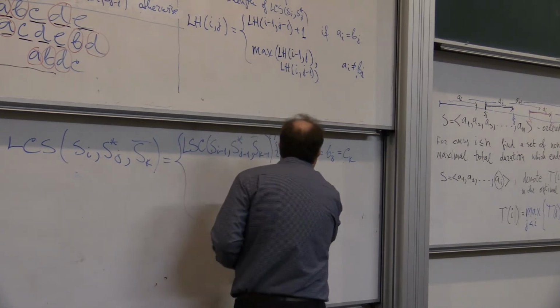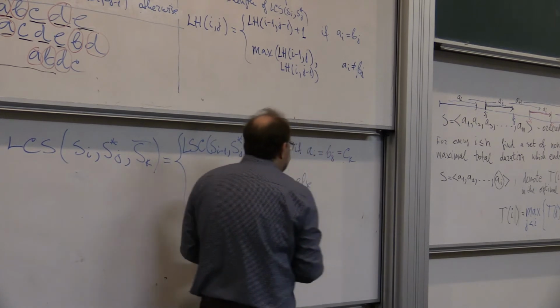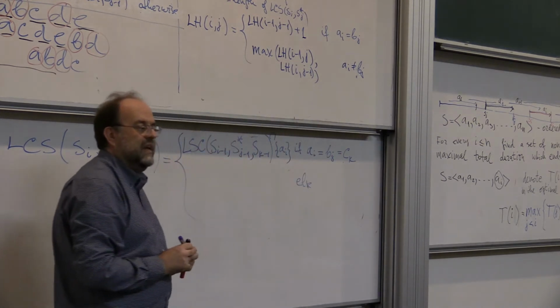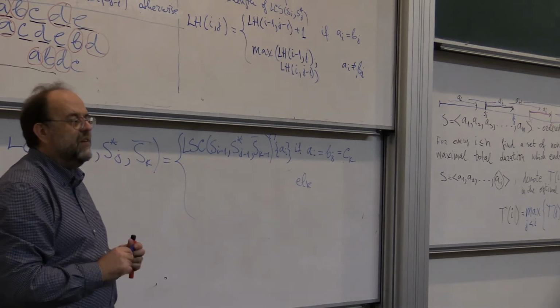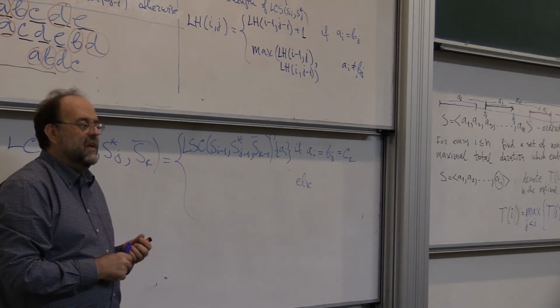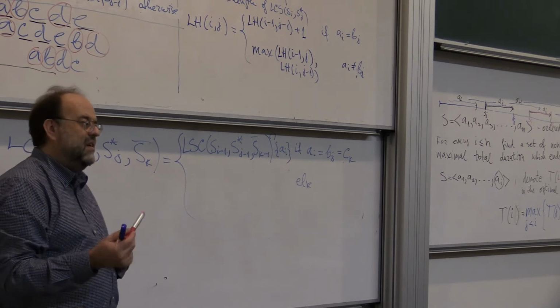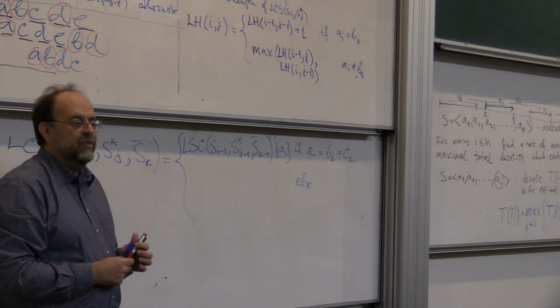What else? What other cases do I have to consider? Do I have to consider A equal to B or A equal to C, or do I not have to?